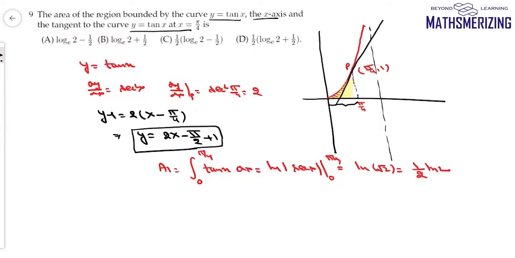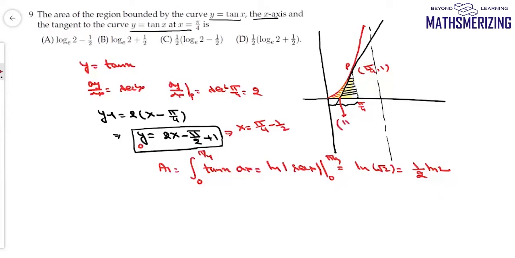Now secondly, I'll find the area of this triangle, which is the area between this tangent and the x-axis, and for that I need to find the point of intersection of this tangent with the x-axis. Now for the x-axis, I'll put y as 0. So if I put y as 0, I'll get x as pi by 4 minus 1 by 2.